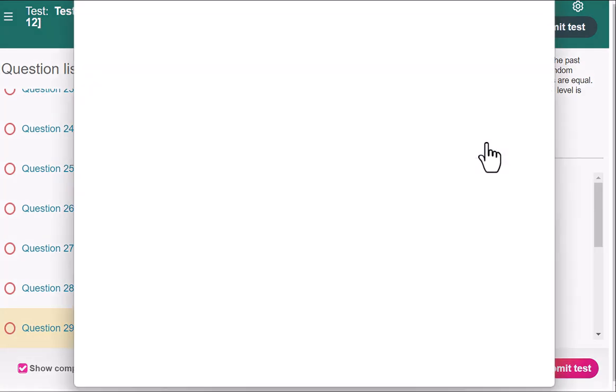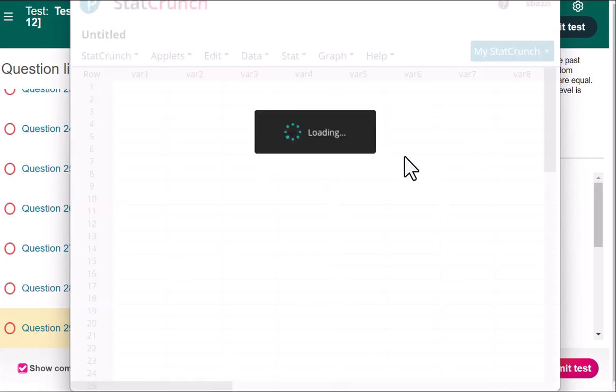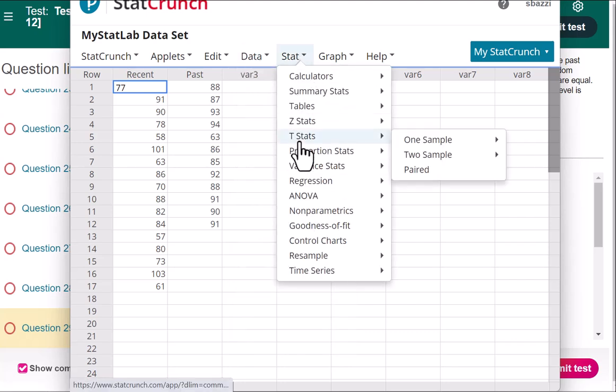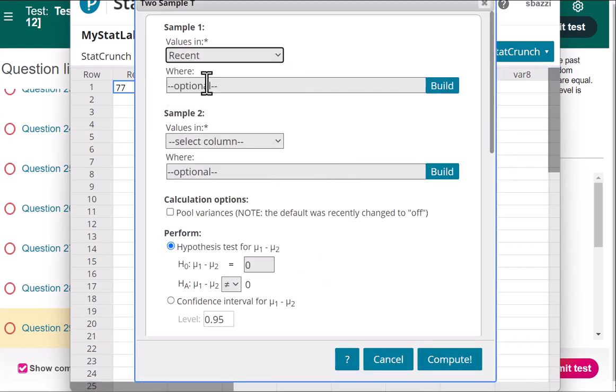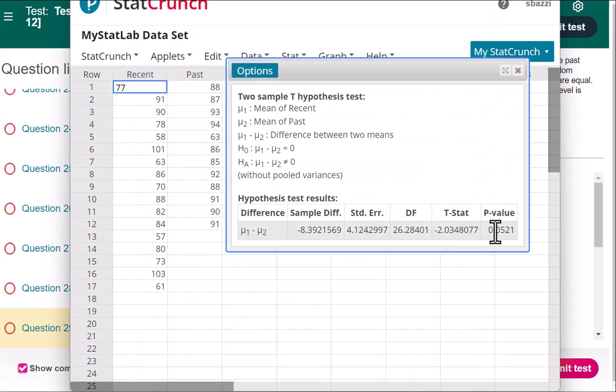You just go here, open in StatCrunch. You go to Stat, T Stat, 2-sample, with data, column 1. Don't worry about that one, you don't touch it. Past, and not equal is good here, that's what I want, and compute. The test statistic is negative 2.03, and look at the p-value, 0.05.